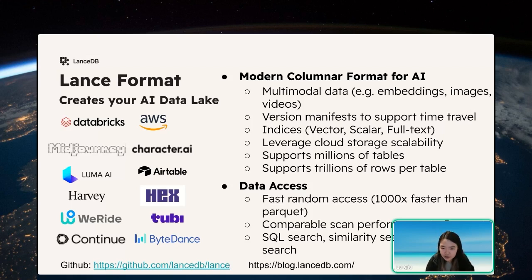Or if you are curious about our design, we also have our blog on the blog.lancedb.com website. The PMC from the Apache Arrow project, Weston, has written a bunch of really great blogs, sharing all the details about the design decisions that we made and the reasons we made them. It's a lot of blogs, so I probably won't be able to go through them one by one here.